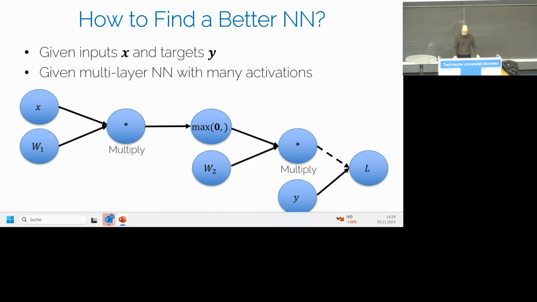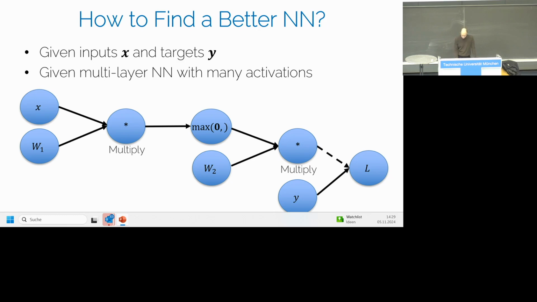How would that look? So here we have this for one layer. We have a multiplication with weights, then we have an activation function, and that then feeds into the second layer where we have another set of weights, W2, and then we compute the loss, let's say the mean square error or something with respect to y.